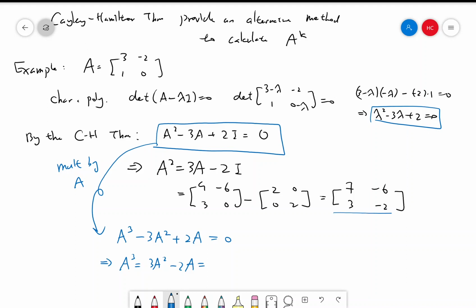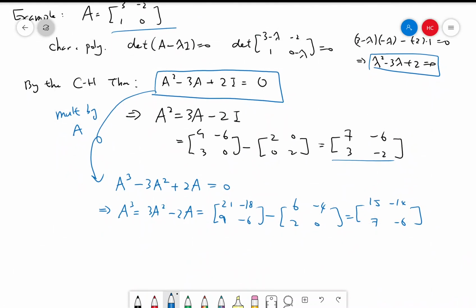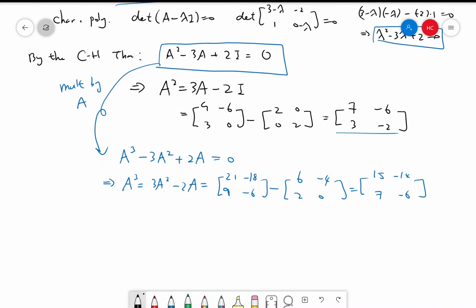A squared is here, A is here, so we can still calculate all these things without matrix multiplication. So 3A squared is 21, negative 18, 9, negative 6, minus 2A, which is 6, negative 4, 2, 0. This is 15, negative 14, 7, negative 6. And so on and so forth.